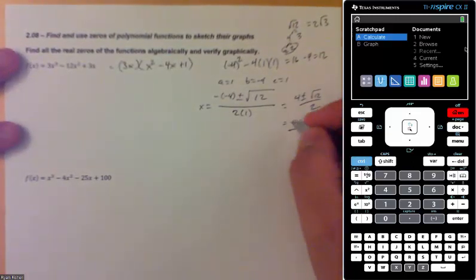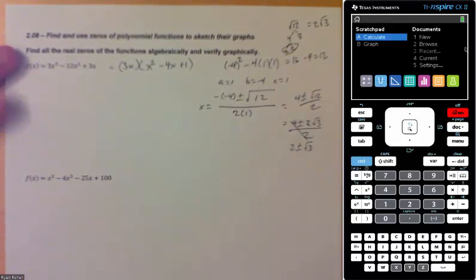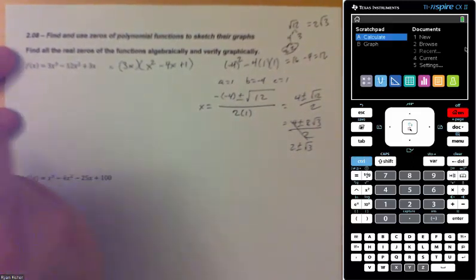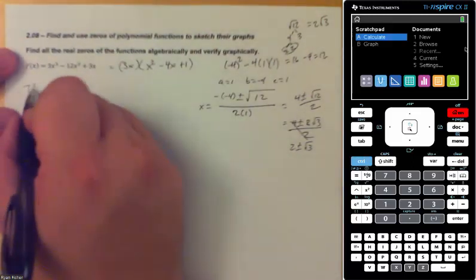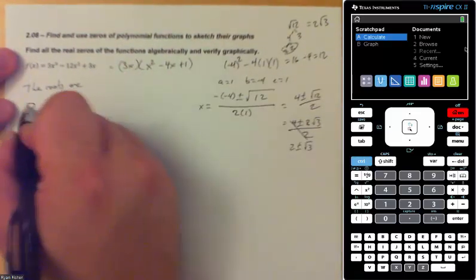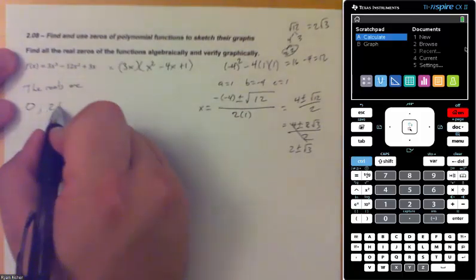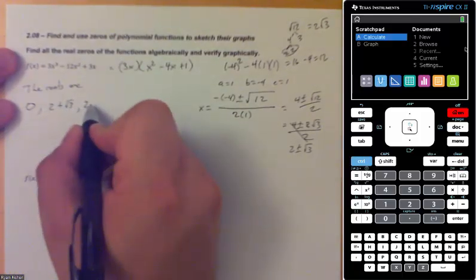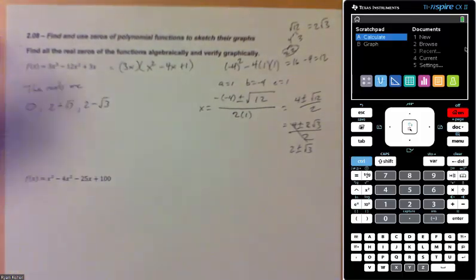Or if I divide everything by 2, 2 plus or minus the square root of 3. So I think the 3 roots are 0, 2 plus the square root of 3, and 2 minus the square root of 3.